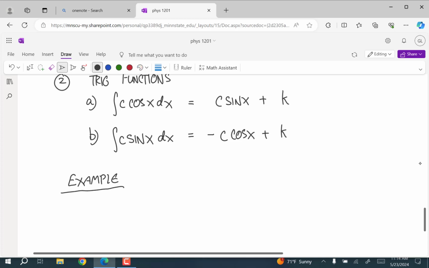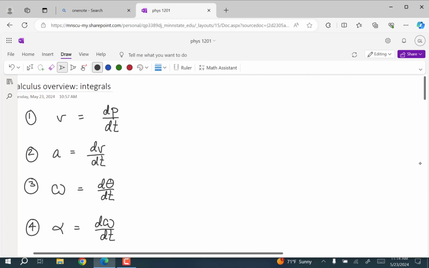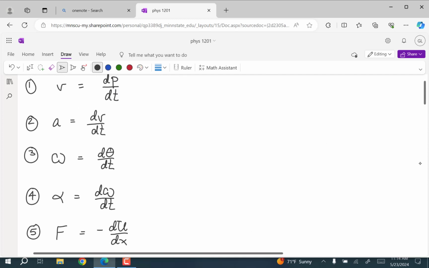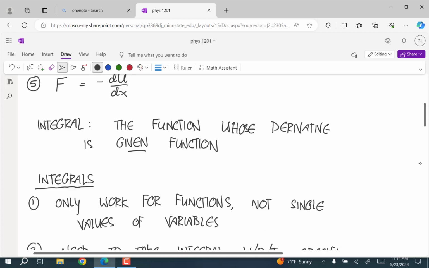Okay, so let's say that in this case, I'm going to go back to these 5 derivative relationships. And let's say that in this case, we are given the angular velocity as a function of time, and we want to figure out the angular position as a function of time.